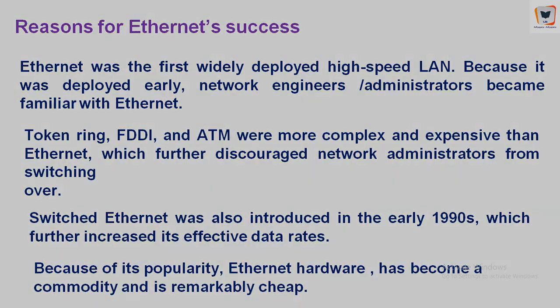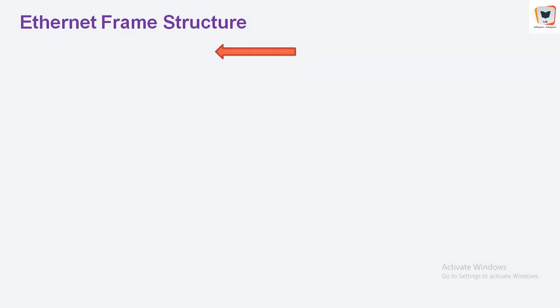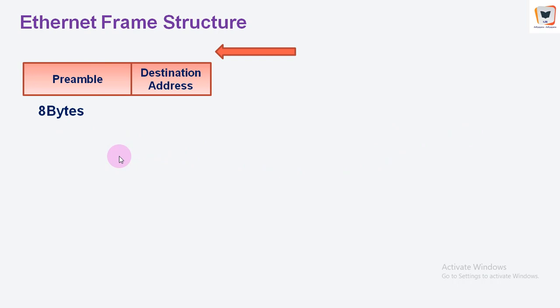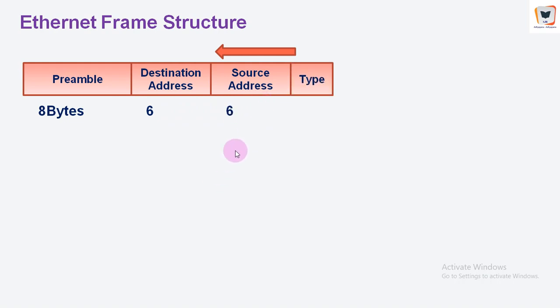The Ethernet frame structure looks something like this. This is the direction of the motion. We have preamble bits, 8 bytes, and this is the 6-byte destination address. It's in hexadecimal notation: the destination address, where it has to go at the link layer level, and the source address, where it has come from. So this is the adapter address of the destination node, and this is the adapter address of the node from where this particular frame has emanated.